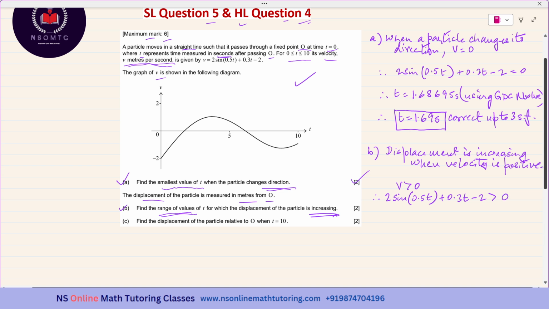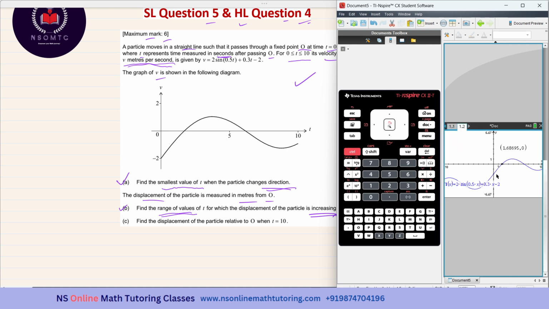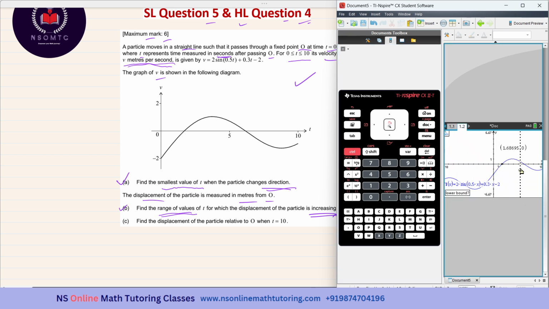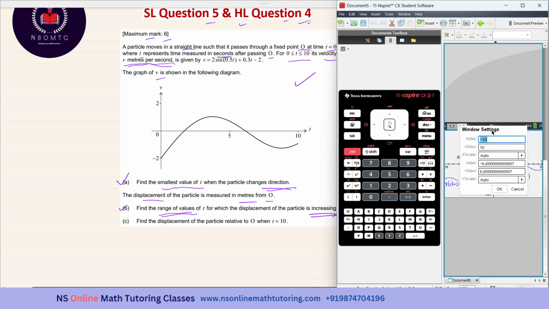For this, you cannot solve an inequality using nSolve. So we have drawn the graph. We go to the graph and we see this is the zero and this will be the second zero. So I get analyze graph and zero. These are the two zeros. The time is between 0 to 10, so I can just change the window settings.